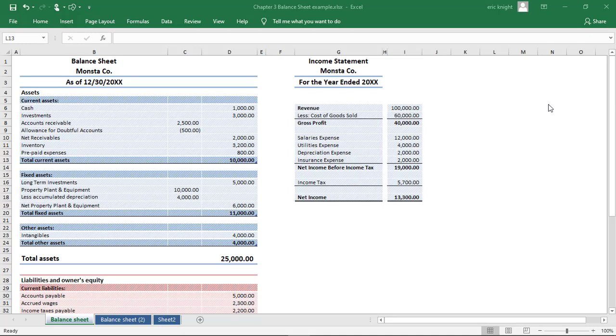So the first one we have is long-term investments. So this would be something we've invested in, maybe some stock or some property, but we're not going to get access to that investment. We're not going to sell it and get our return from it for at least a year. And this long-term investment could be several things. It could be property, it could be stocks that we're going to hold for a long time, it could be bonds we're going to hold for a long time.